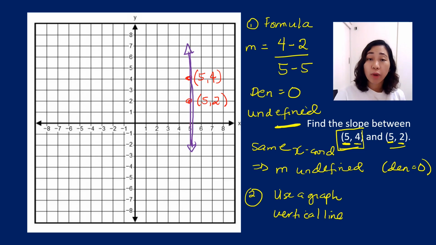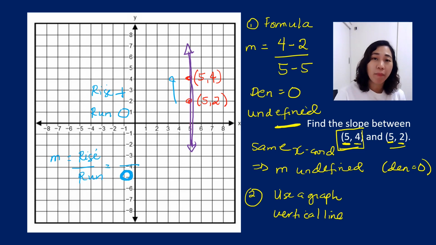Now, if you look at these 2 points again, using our rise over run, let's say from (5, 2) to (5, 4), we are going up. Your rise is positive, correct? But what is your run? You did not go left nor right. You did not do anything. So that's why your run is 0. And that's why your slope, which is rise over run, will have a denominator of 0.